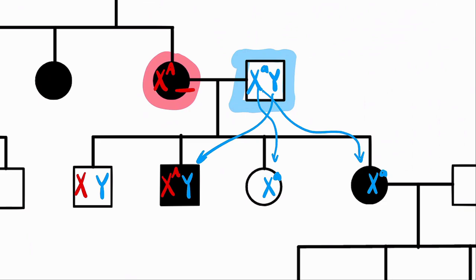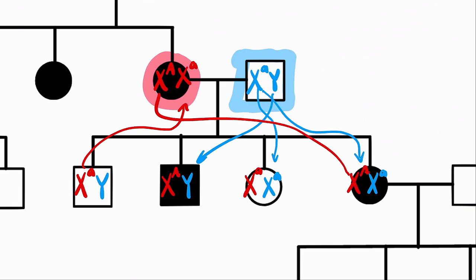This one has to be a little a, so that little a had to come from mom, which means she is X big A X little a. Let's see if that works for the rest. Yeah, she gave a little a there, and here she gave a big A, which we do know she has.